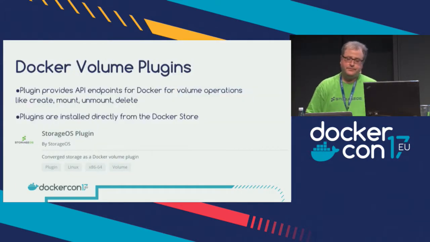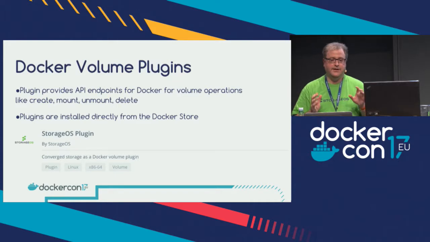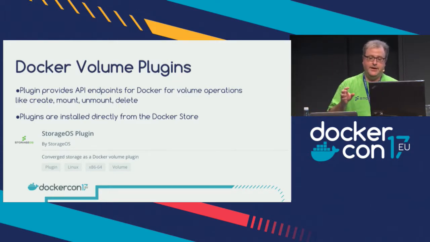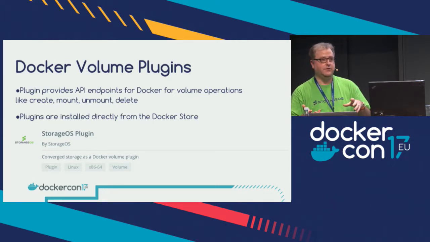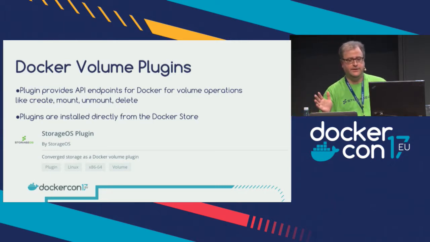So a Docker volume plugin gives you all the API endpoints for Docker volume operations. So you have an API between the Docker engine and the external provider to do things like create, mount, and delete. The plugins are available from the Docker store. Last count, I think there's about 20 of them.